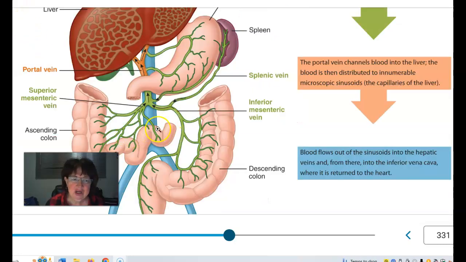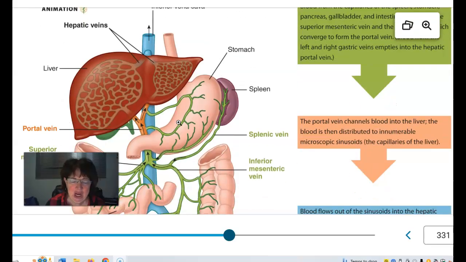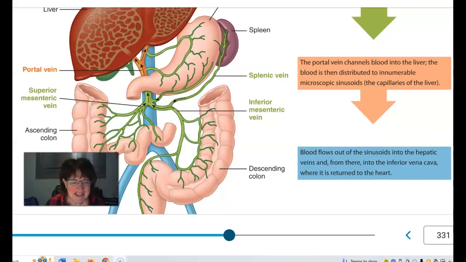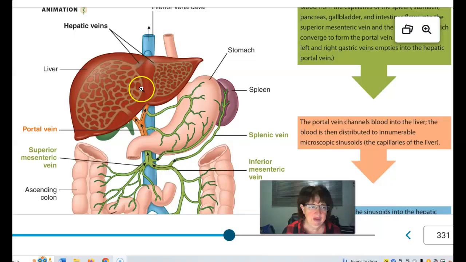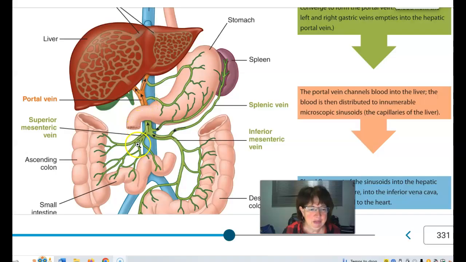The last thing I want to look at in terms of blood vessels is the hepatic portal system. The blood is collected off the digestive system, and the blood is ported to the liver. So do not mix the hepatic veins, which take the blood from the liver to the inferior vena cava, and the hepatic portal veins, which collect the blood off of the gut veins.